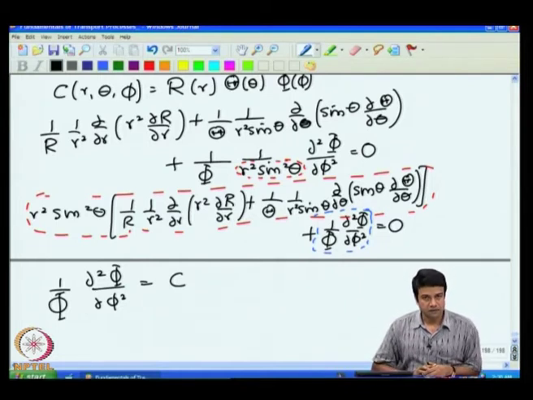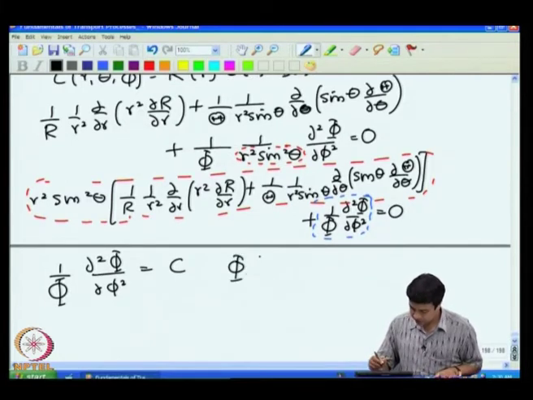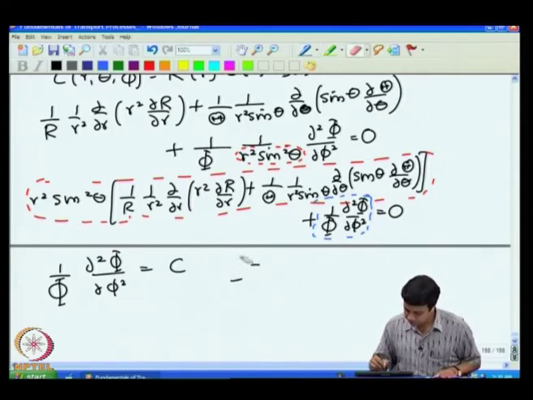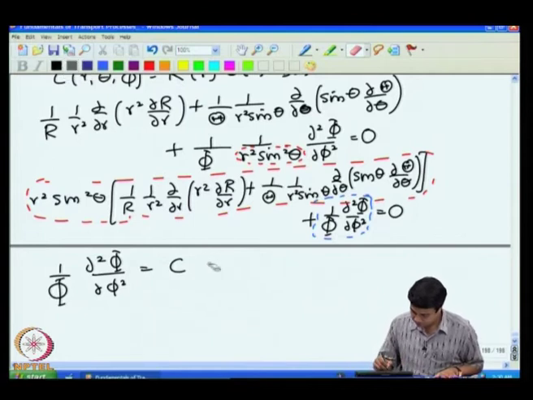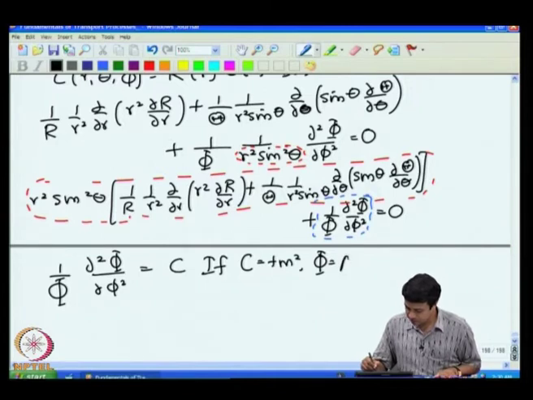If the constant is positive, if the constant c is equal to plus m square, then capital phi is equal to a e power m phi plus b e power minus m phi.